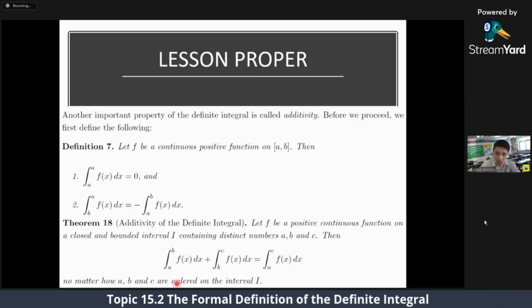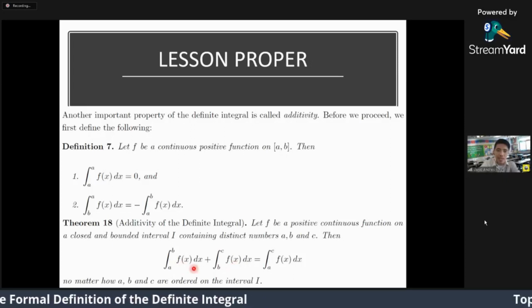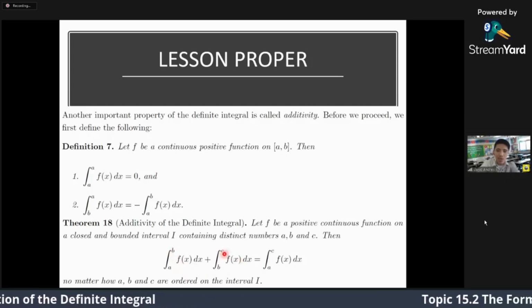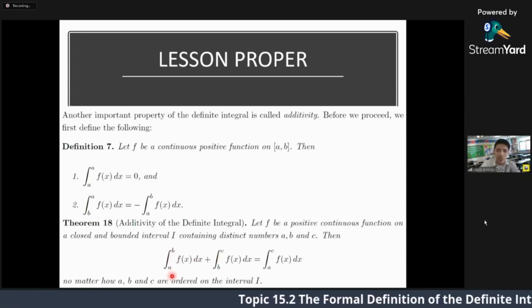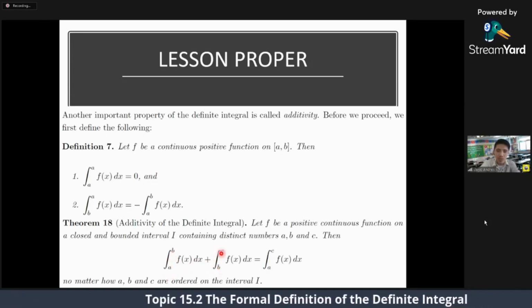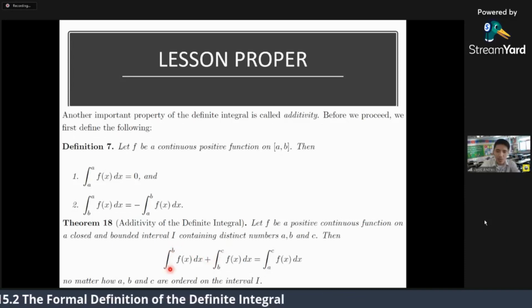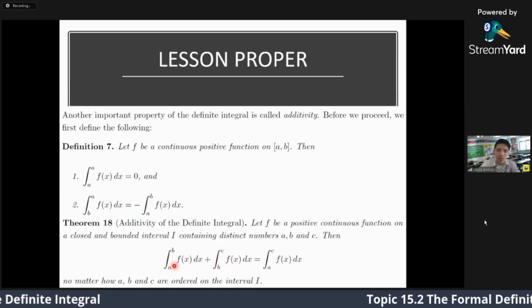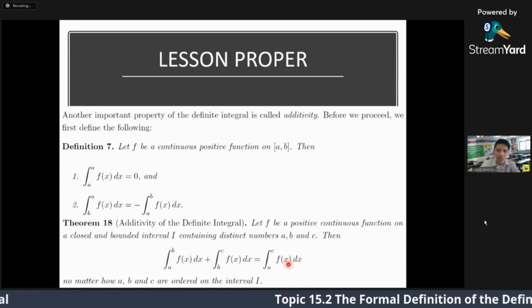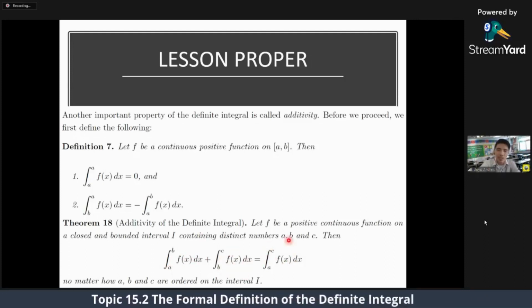Kung tanaw nimo ang first, pareha sila f of x. Pareha sila integrand. Ang nag-differ lang sa ilaha is ang limit. So you start with a to b, sunod b to c. Kung tanaw na to, mura siya continuous rapod. From a to b, then to c. So pwede na nimo isahon, pwede na nimo i-add as isa from a to c na lang, di na ka moagi kay b. So mao toy pasabot sa additivity.